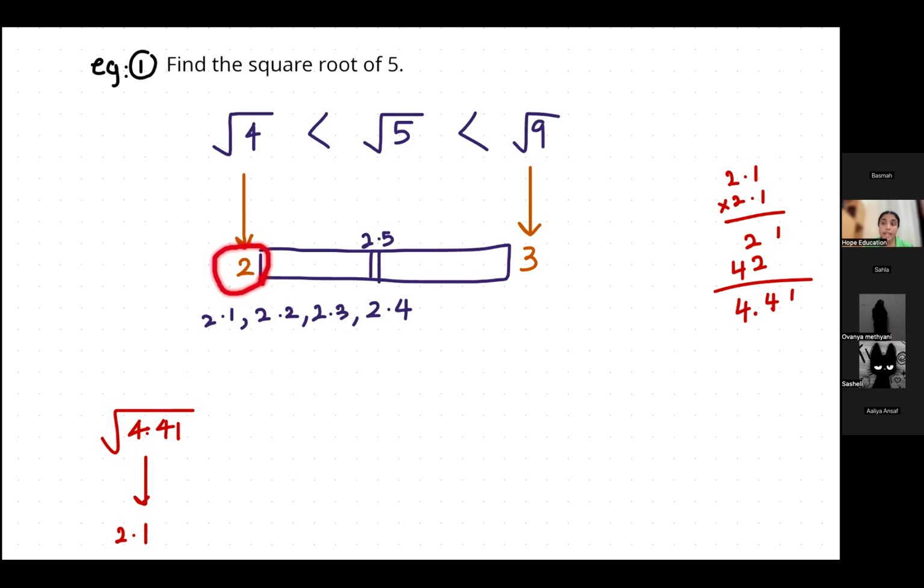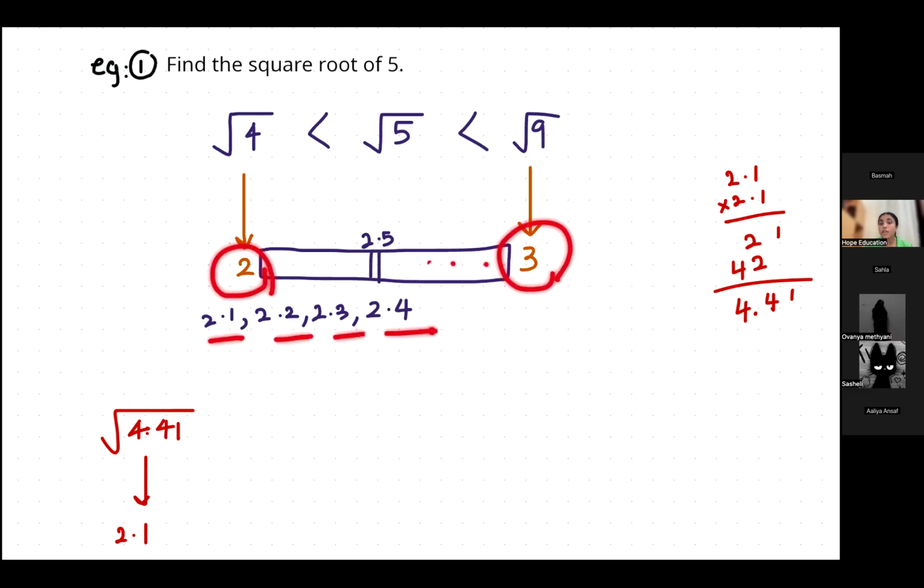So if the square root of 5 is closer to 4, the square root of 5 should be closer to 2. Now we look at the decimals near 2. Near 2 there are 2.1, 2.2, 2.3, 2.4. All of these are closer to 4. But 2.5, 2.6, 2.7, 2.8, 2.9 are closer to 3. So we have 2.1, 2.2, 2.3 and 2.4.